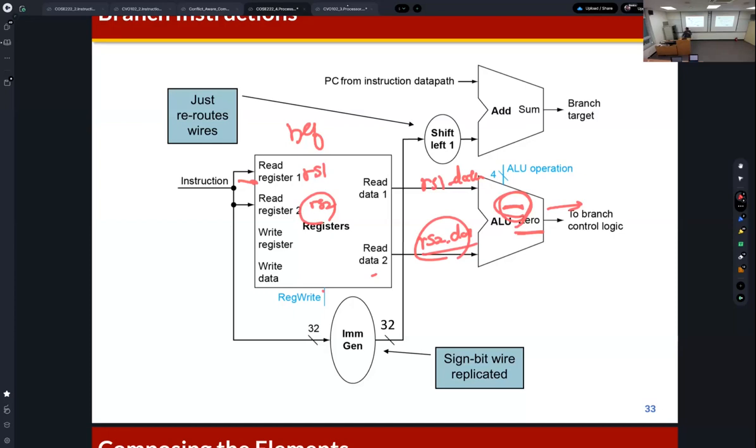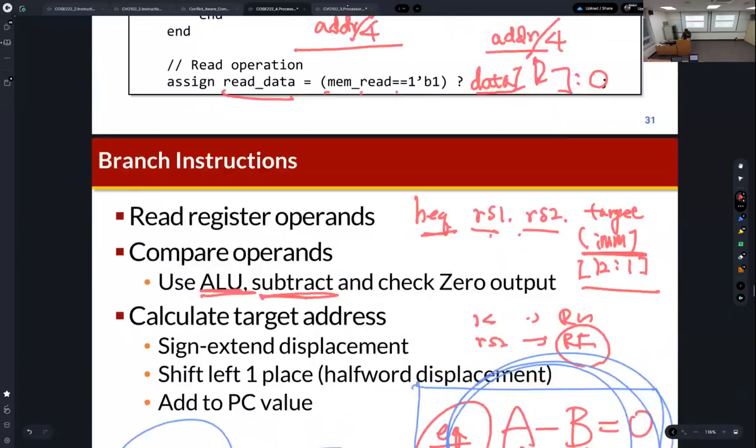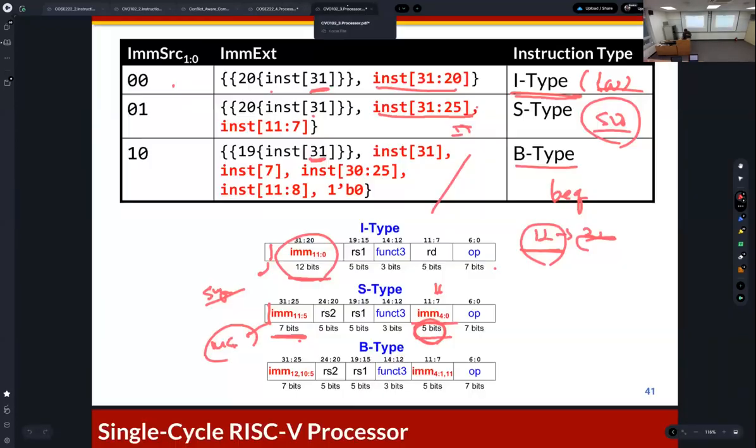Then how can we calculate the target of the branch? We can get the immediate number from the instruction, okay? And then this immediate number is added to the PC curr, the current PC. Shift left 1 means that a one bit of 0 is inserted at the right of the immediate number.